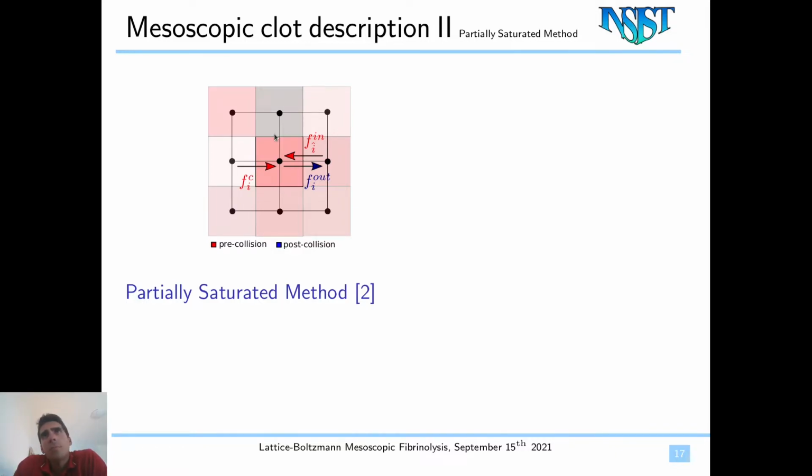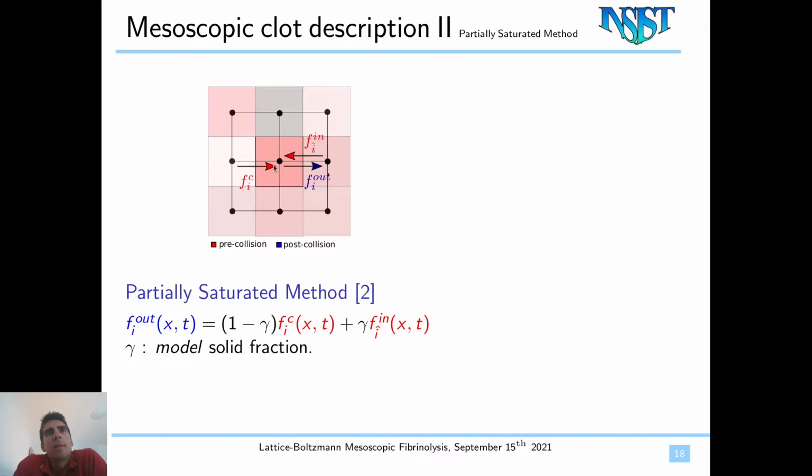And with the case of the partially bounce back method, we impose that the fraction of fluid that goes through a region of clot will be a weighted sum of the fraction that goes through plus the fraction that bounces back from the opposite direction.